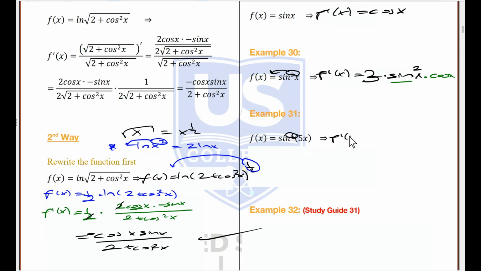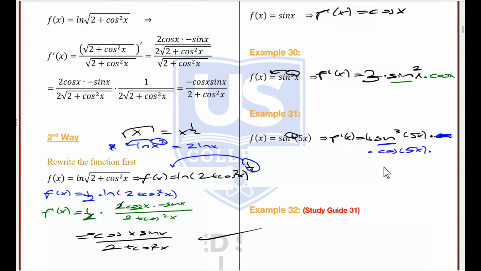Next question also has power. Bring down the power in front first. 4 sine. Reduce the power by 1. 4 minus 1, 3. 5x. I'm not done. Multiply it by derivative of the base, which is cosine. Times cosine 5x.